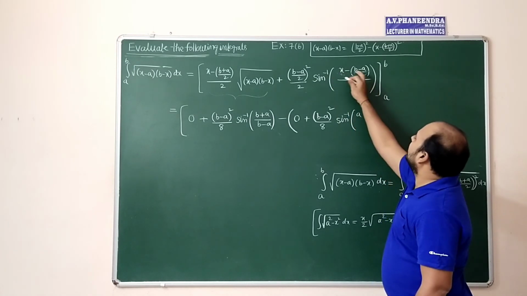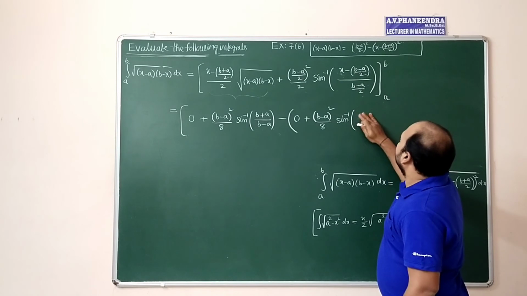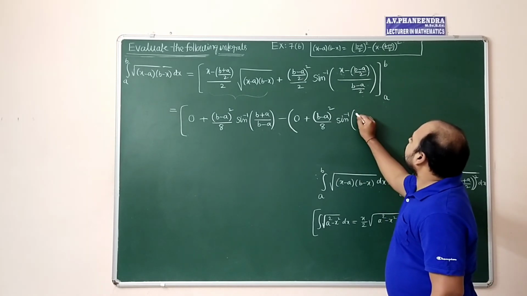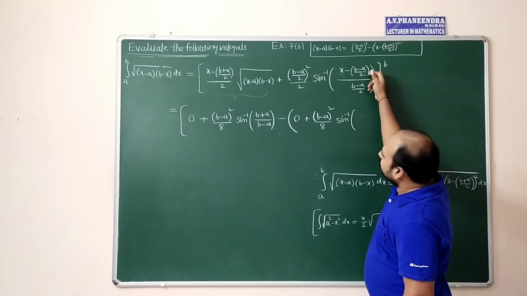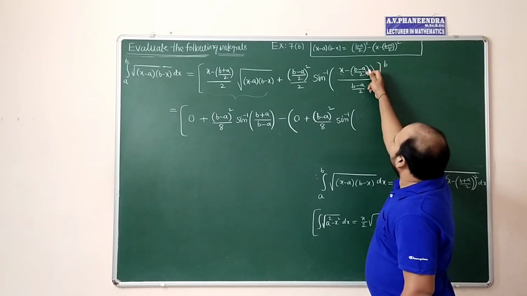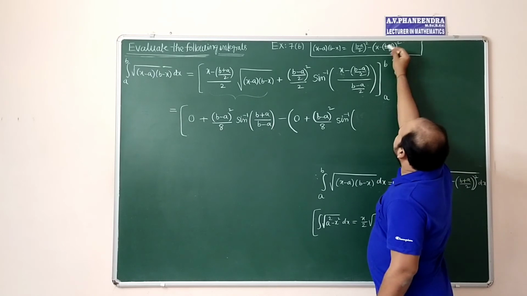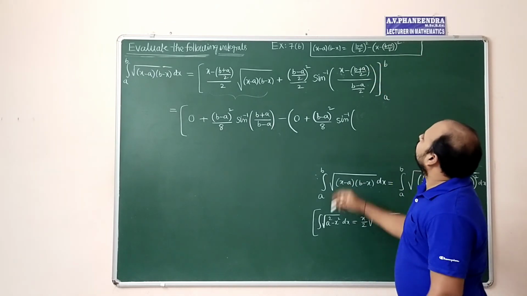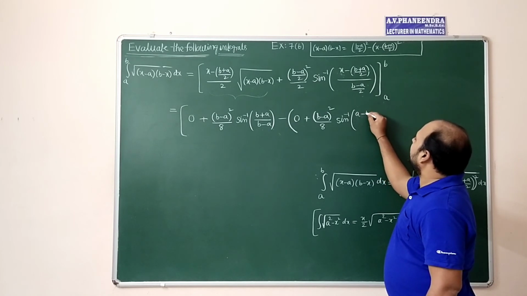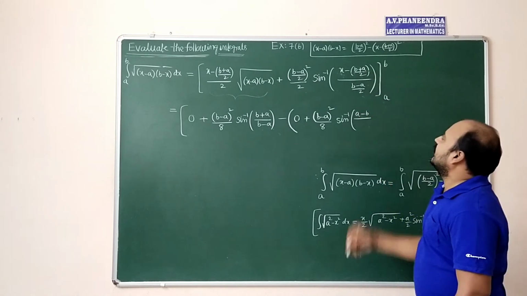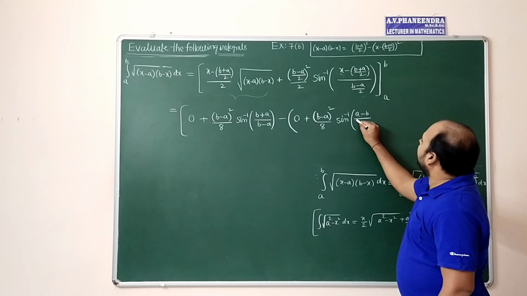A minus 2a minus, it will become, so here b minus a by 2. Sorry, here b plus a is there now. I forgot. 2a minus a is a minus b divided by, here 2 get cancelled. Next b minus a.